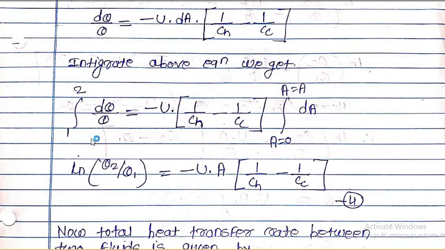After putting in the upper and lower limits we get ln of theta 2 minus ln of theta 1, and using the log rule we get ln of theta 2 divided by theta 1 is equal to, since the integration of dA is A, and after the limits A minus 0, minus U multiplied by A into (1 upon Ch minus 1 upon Cc).